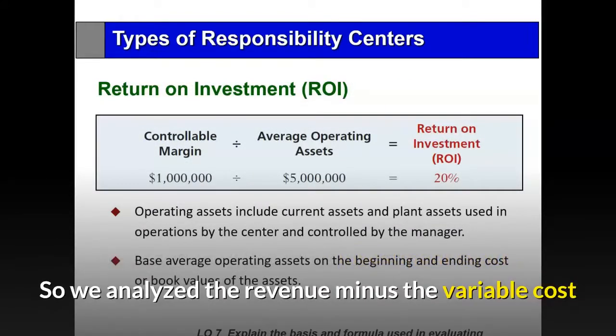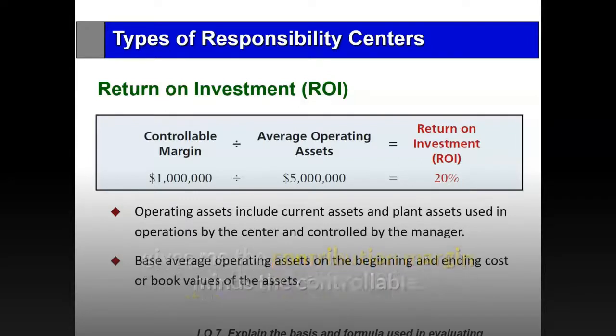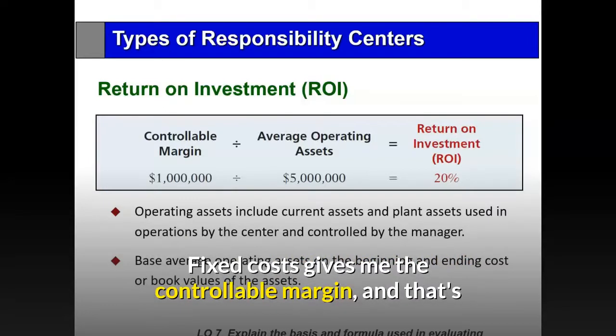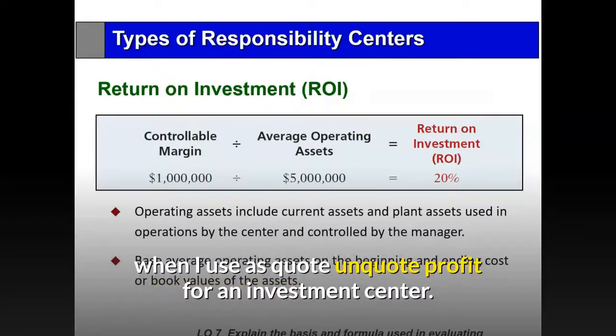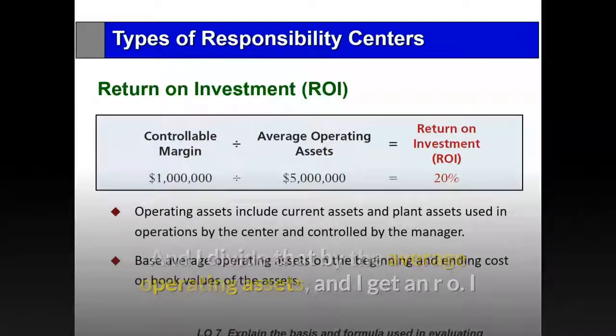So we analyze the revenue minus the variable cost gives me the contribution margin, minus the controllable fixed costs gives me the controllable margin. And that's what I use as quote unquote profit for an investment center. And I divide that by the average operating assets and I get an ROI.